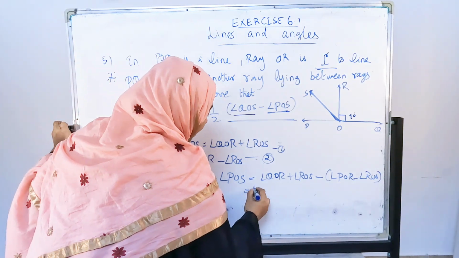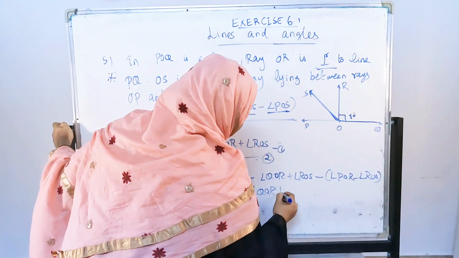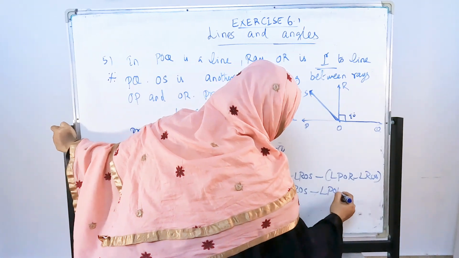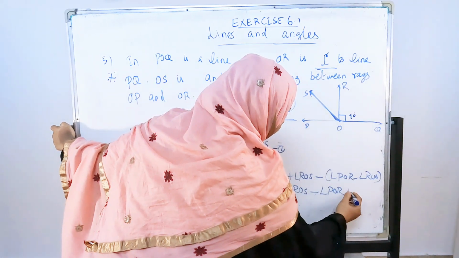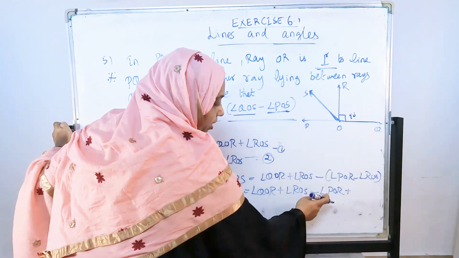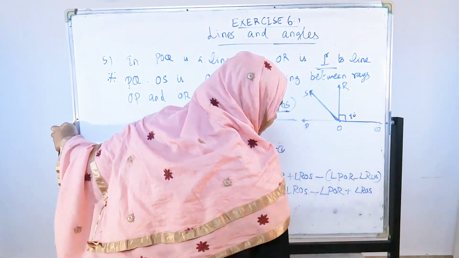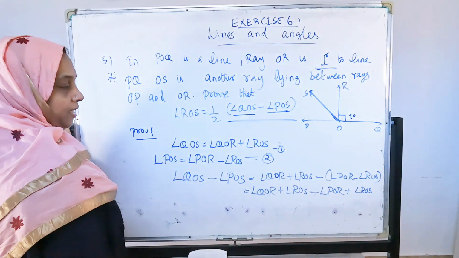So angle QOR plus angle ROS minus angle POR, this minus plus, minus POR minus plus ROS, integer multiplication.